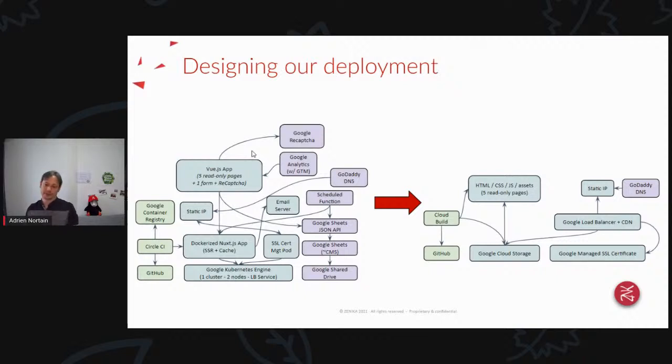And for the SSL certificate, we already have everything managed at the Google Load Balancer part. We can have a Google Managed SSL certificate. So everything is fairly contained here and we can administrate it very easily because it's in one console. So we waste less time.